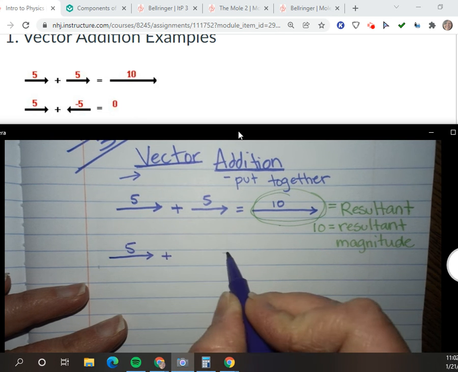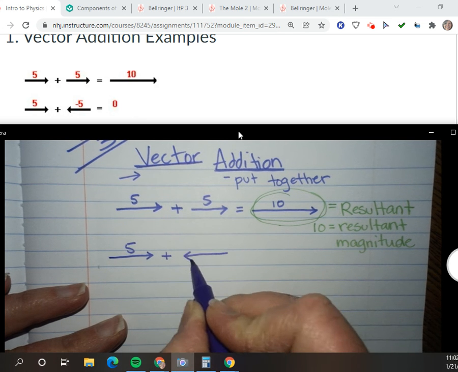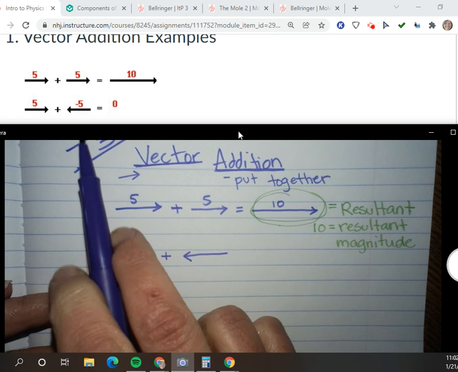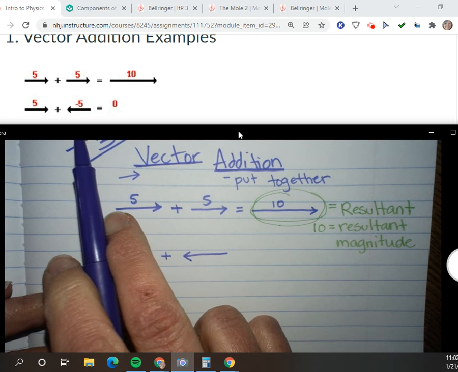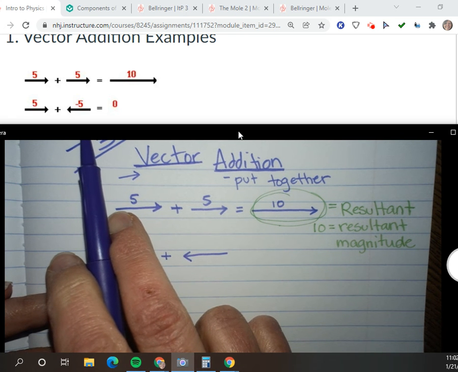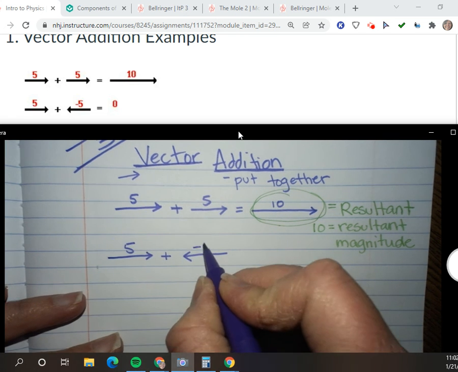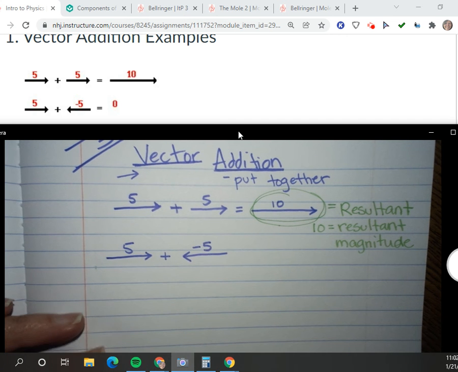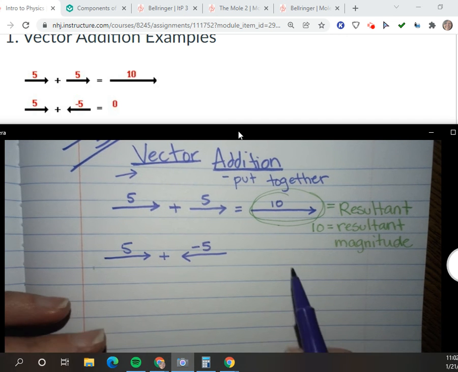All right, so if I have a 5 to the right plus a 5 to the left, what do we notice about that second 5? It is negative. Why is it negative? Because it's going backwards.